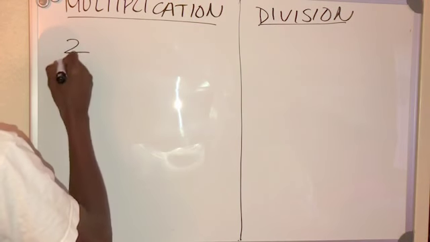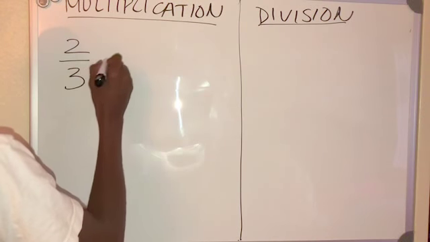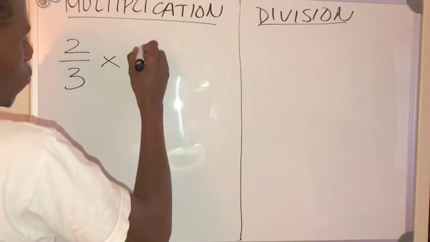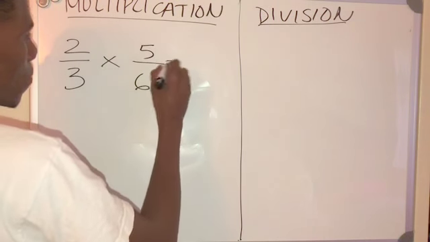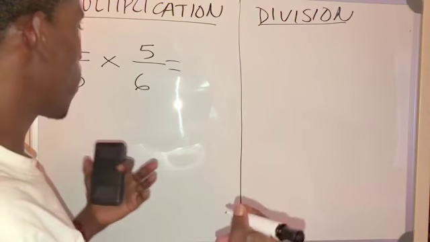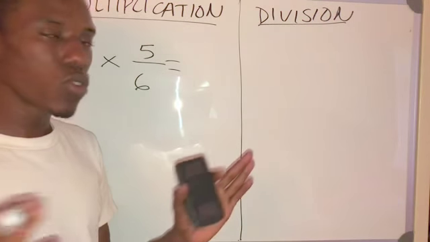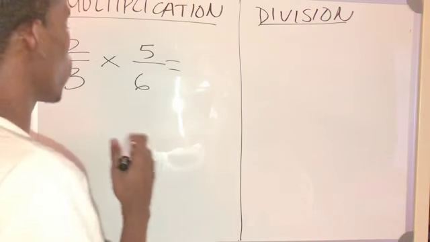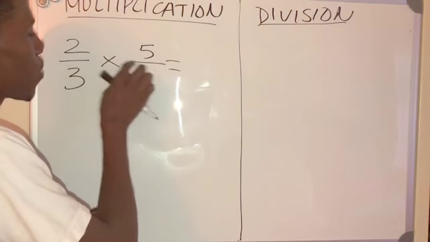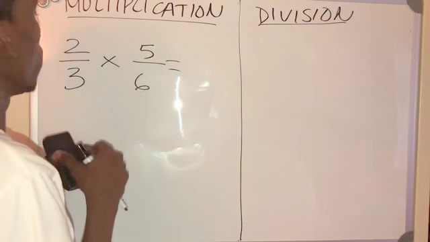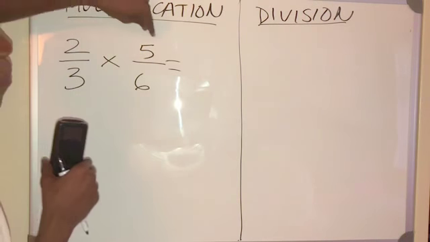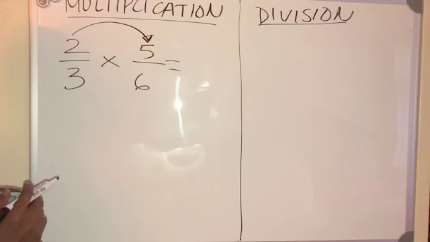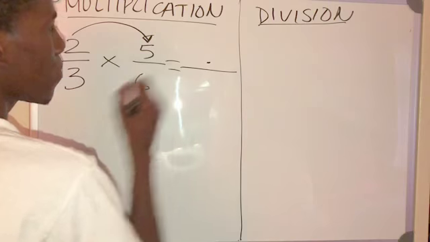Okay, the multiplication of fractions is the easiest operation when you're dealing with fractions, because when you multiply two fractions, the only thing you need to know is how to multiply. You multiply the top and you put it on the top right here.